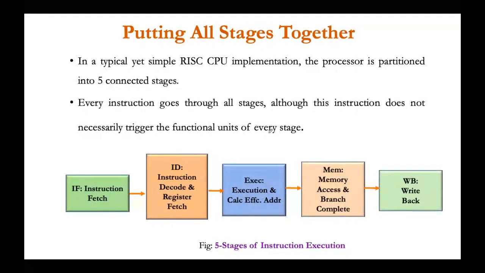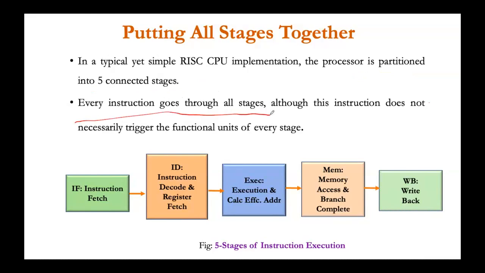So, putting all stages together in a typical and simple RISC, reduced instruction set computer, CPU implementation, or CISC computers. But nowadays most processors use RISC CPU implementation. The processor is partitioned into 5 connected stages.